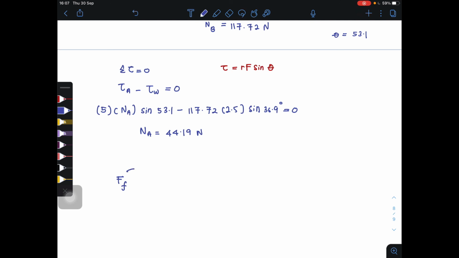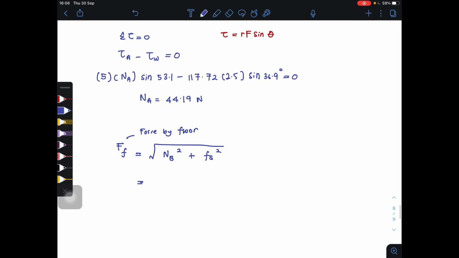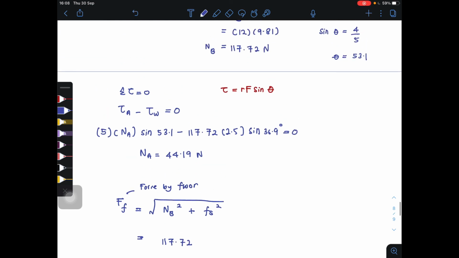Let me label force by floor adalah sama dengan NB square plus FS square. So it will be 117.72.